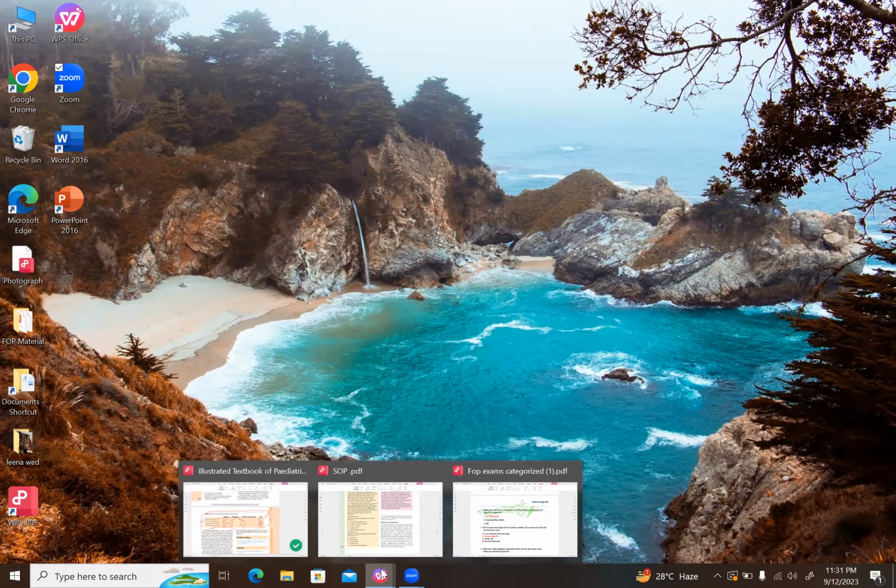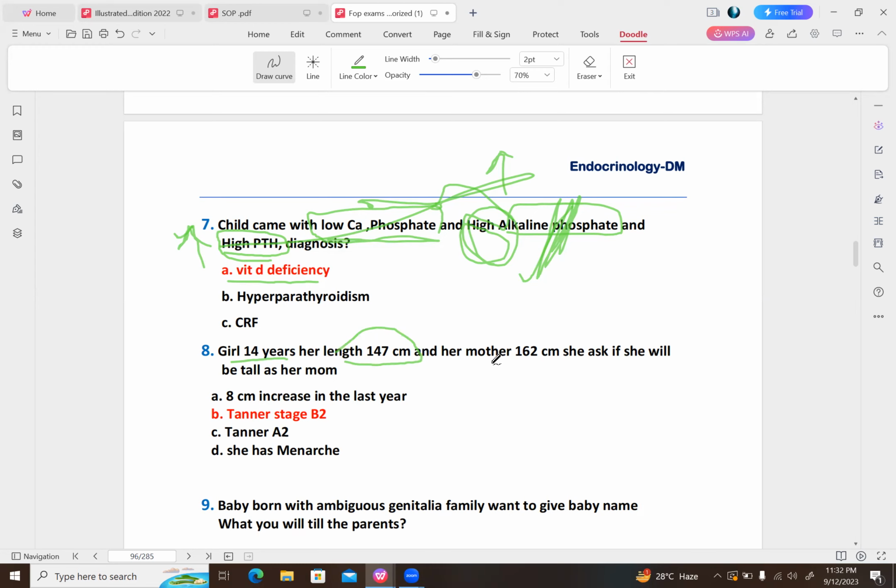Next question. This is a girl who is 14 years old, her height is 147 centimeters and her mother is 162 centimeters. She asks if she will be as tall as her mom. So what will you say?